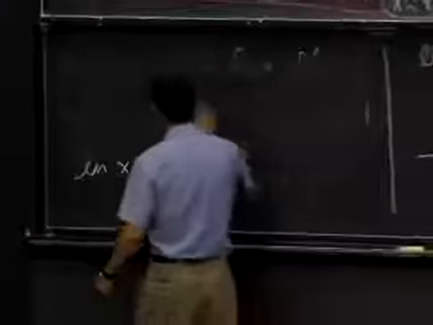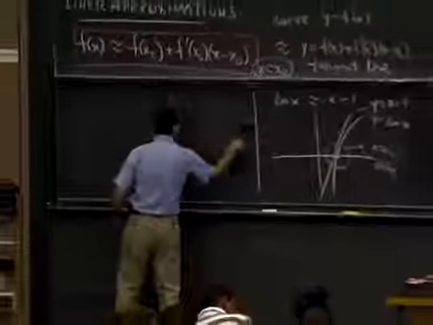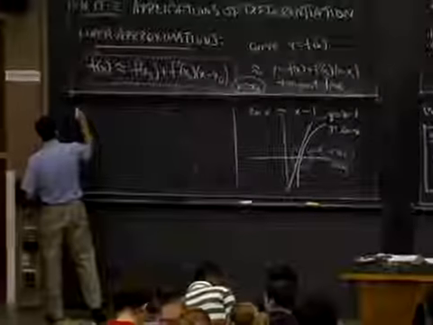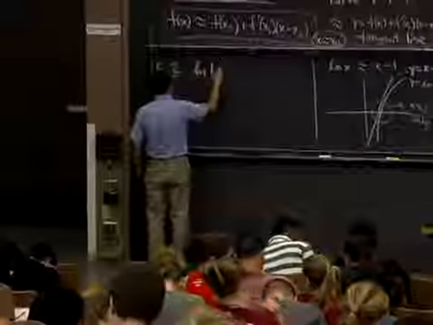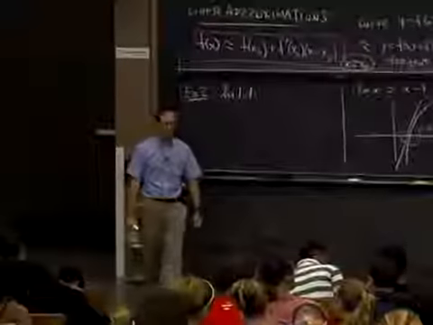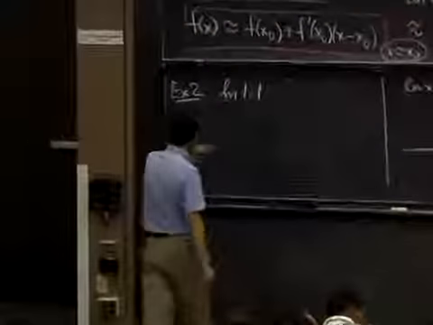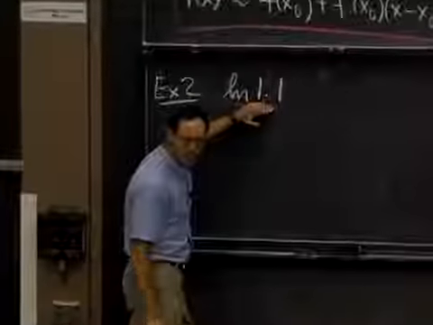Or maybe this is the second example, if you like. So we'll call this example 2 maybe, since we already have one. So let's just take the logarithm of 1.1.